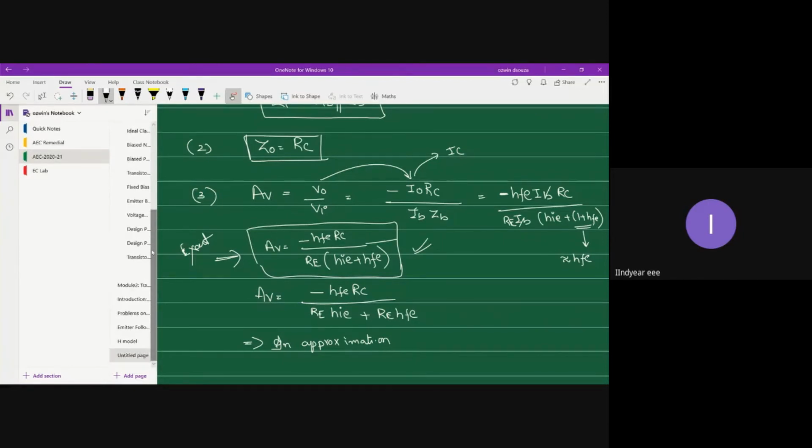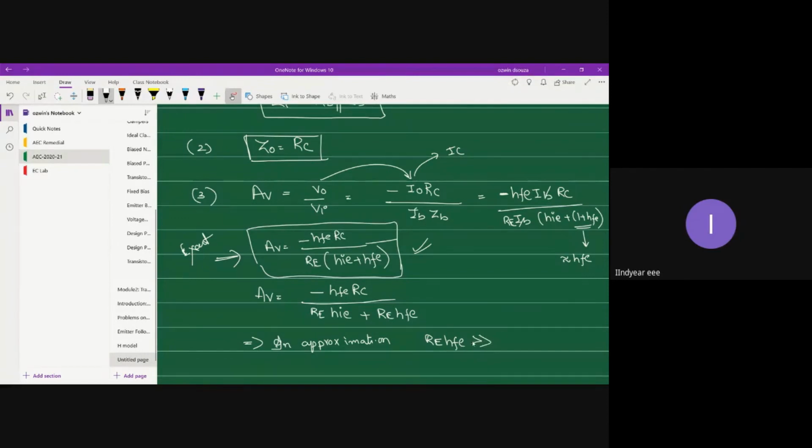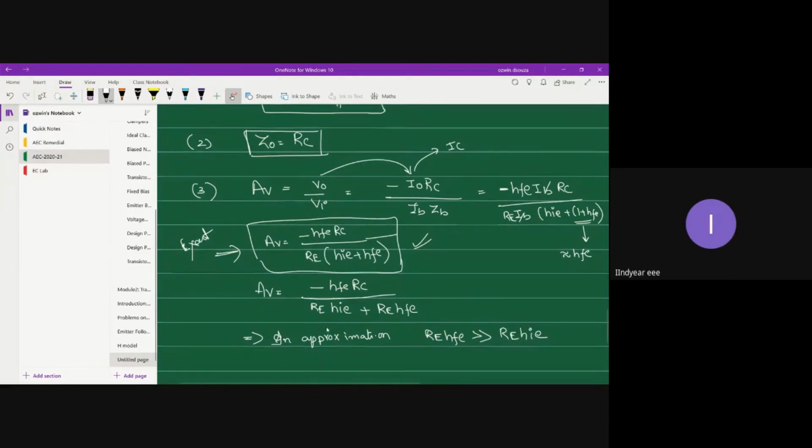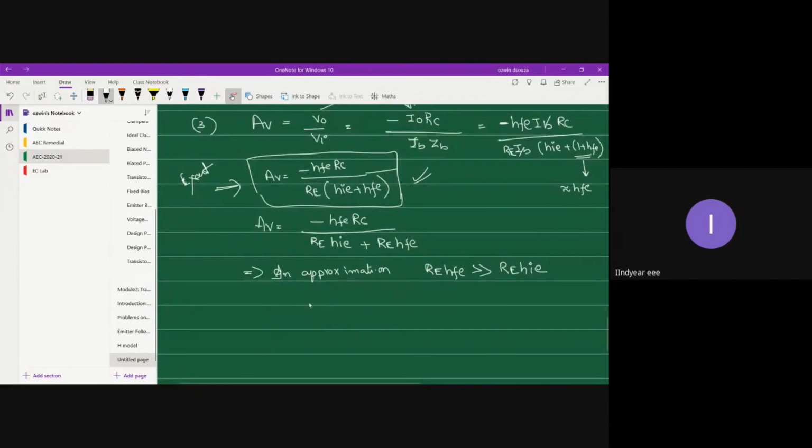I'm just trying to show you the approximate expression. In approximation, what we can do is, if the product RE into HFE is way bigger than RE into HIE, you can approximately write AV as minus HFE RC divided by RE into HFE, since RE into HIE is smaller compared to RE into HFE.